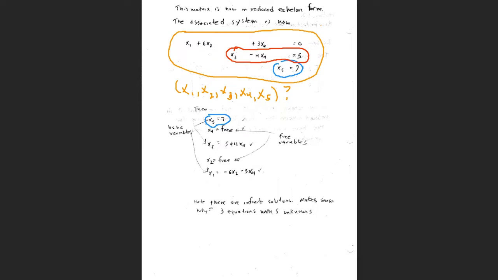So we'll let x4 be free. And in that case, x3 is equal to 5 plus 4x4. X3 is a basic variable. Basic variables are variables that either have values or they can be written in terms of free variables.